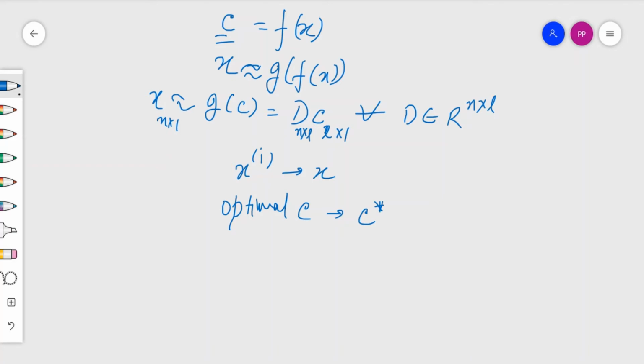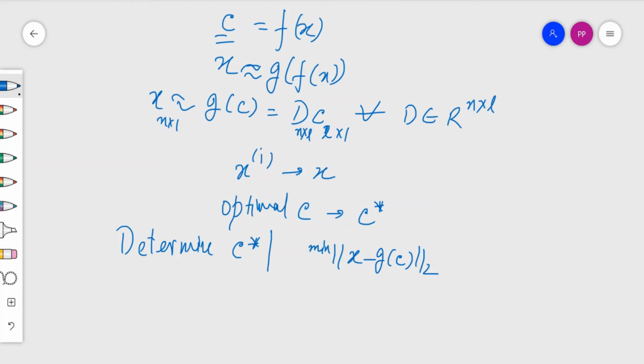This represents the optimal value. So we can write: determine c asterisk such that we have the L2 norm of the original x and the reconstructed x minimized.